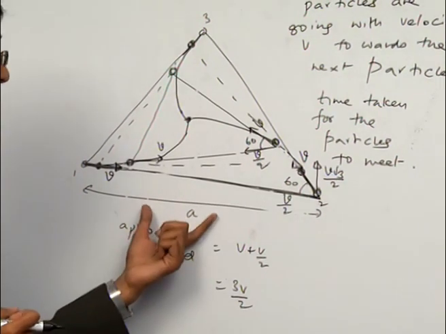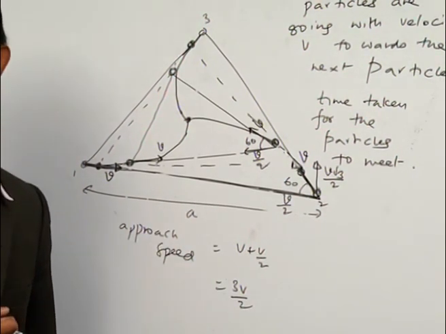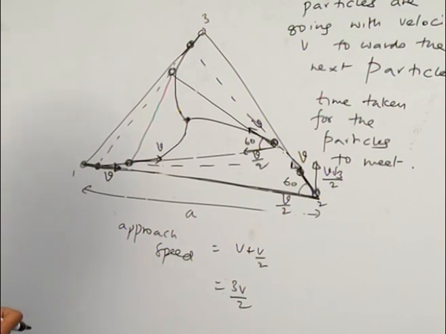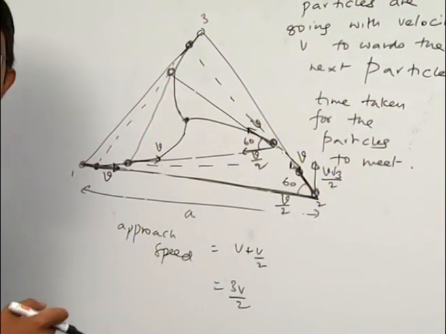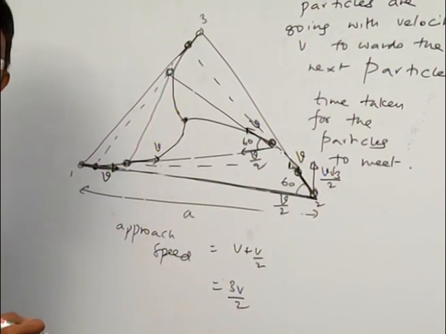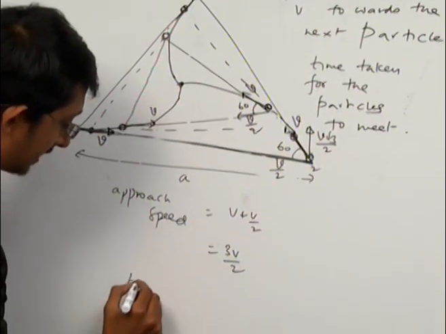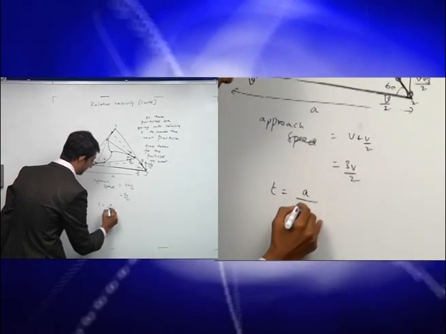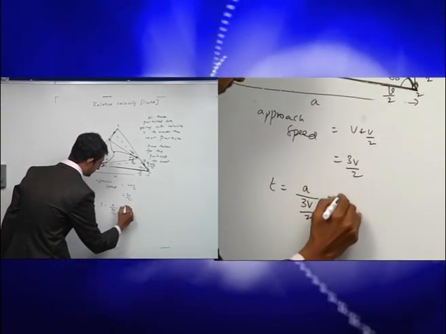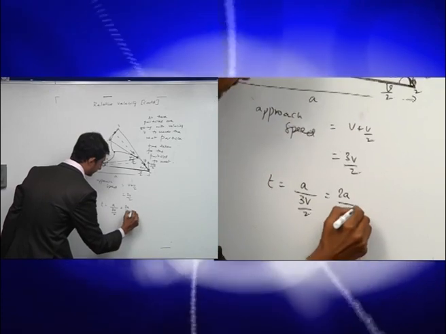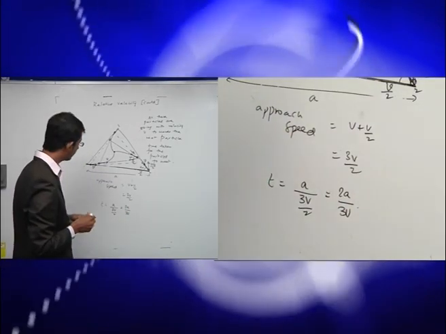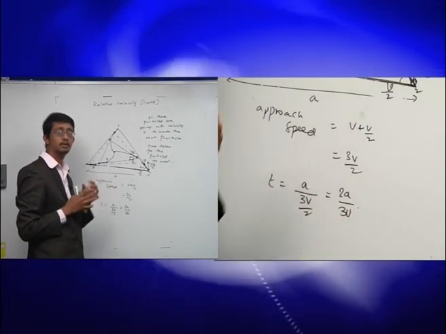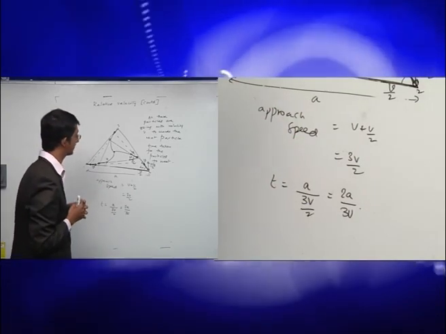And initial separation is a. Finally this separation is destroyed. So they are killing this separation with this approach speed. So the time taken will simply be this distance, initial separation between them, by approach speed, which should be 2a by 3v. Now I have written it like this, but let us see this conceptually, how this works.